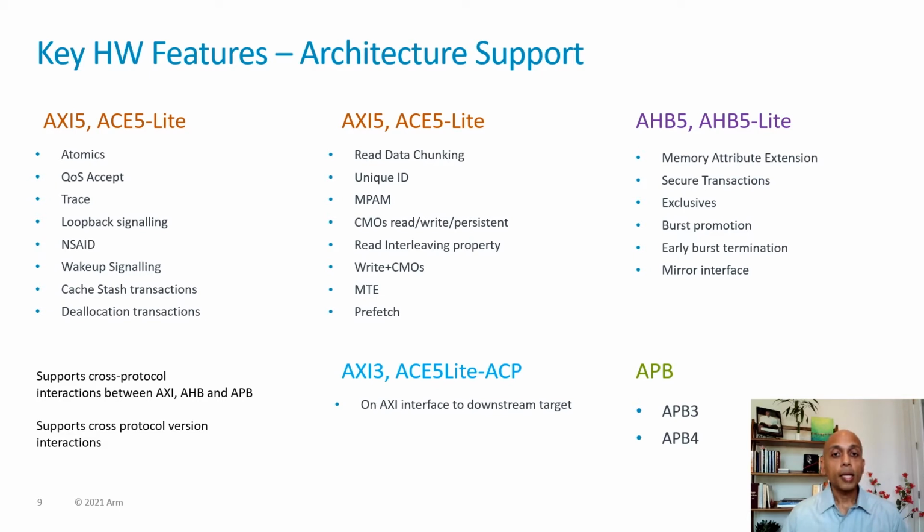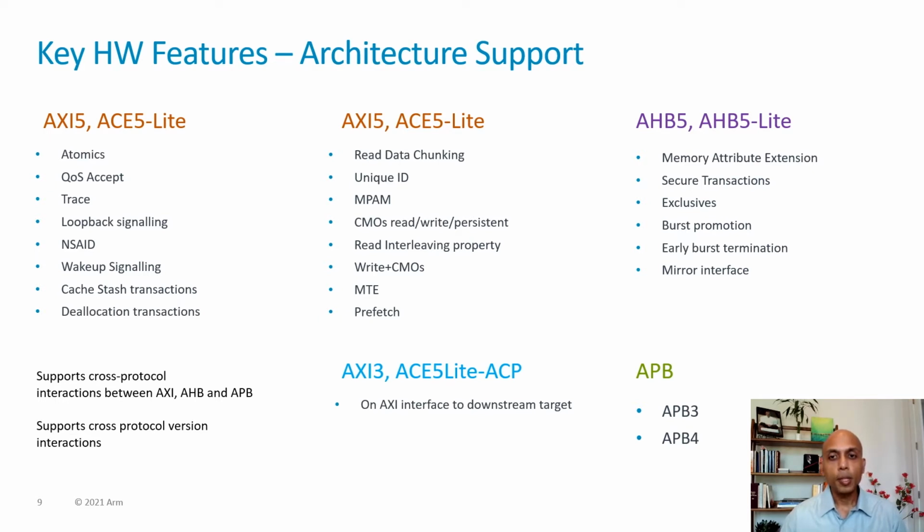Now, within each of these AMBA protocols, there are many sub-features that can be enabled or disabled depending on the need of your configuration. I'm not going to walk through all of them, but just to call out a few. For example, in ACE5, we can support atomics, read data chunking, and different flavors of cache maintenance operations.